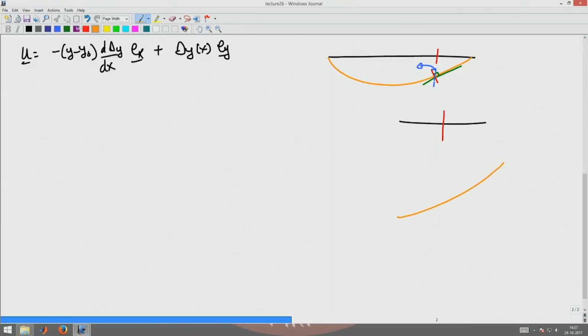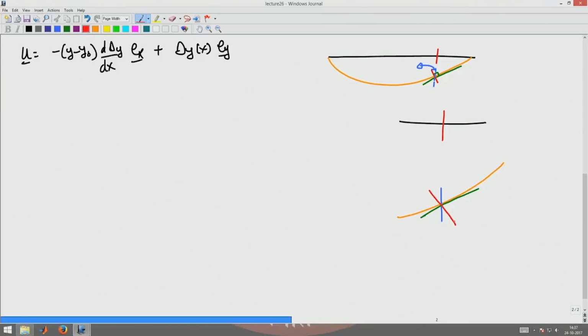This straight line would have been a straight line like that, but it deformed into some line like this, such that it is perpendicular to the neutral axis at that point.